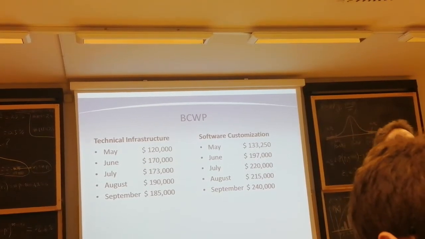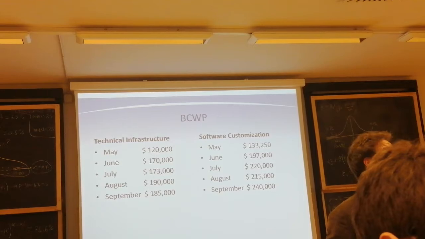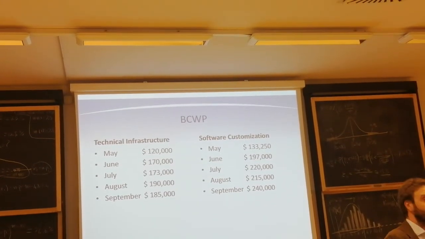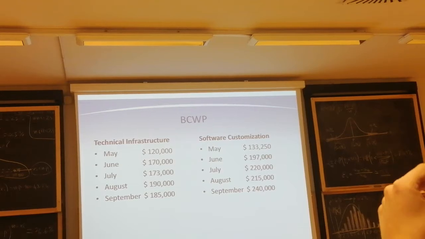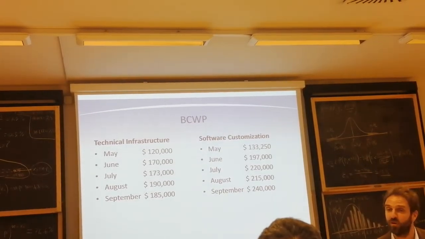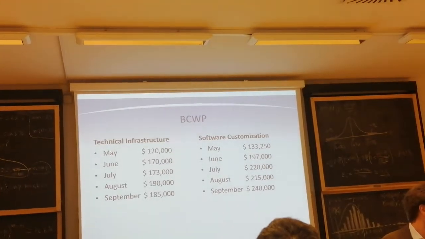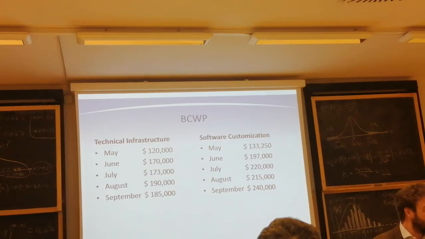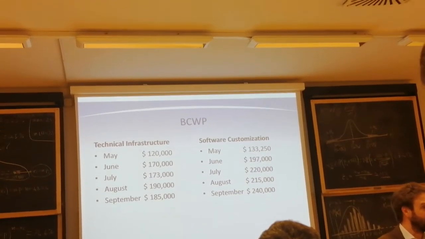Programmers were budgeted at 40 euros an hour, but in fact there was a major contract revision so that now our employees should be paid 42 euros an hour instead of 40. So we spend more. And also the work progressed, the work done, could be less or more than the work scheduled.